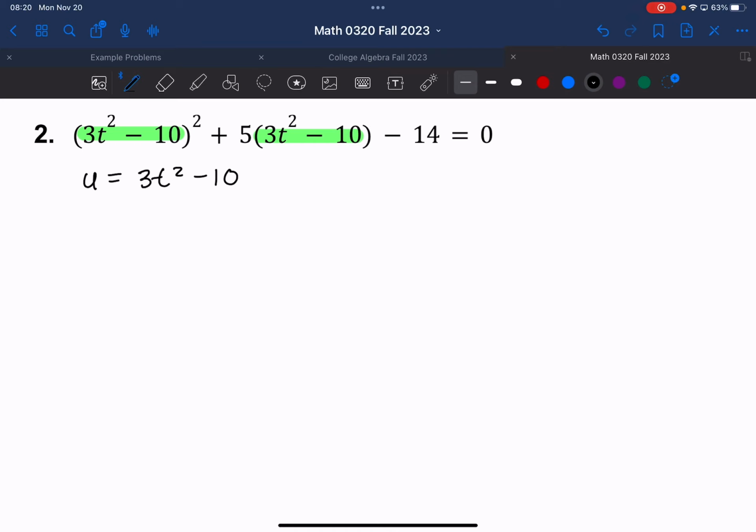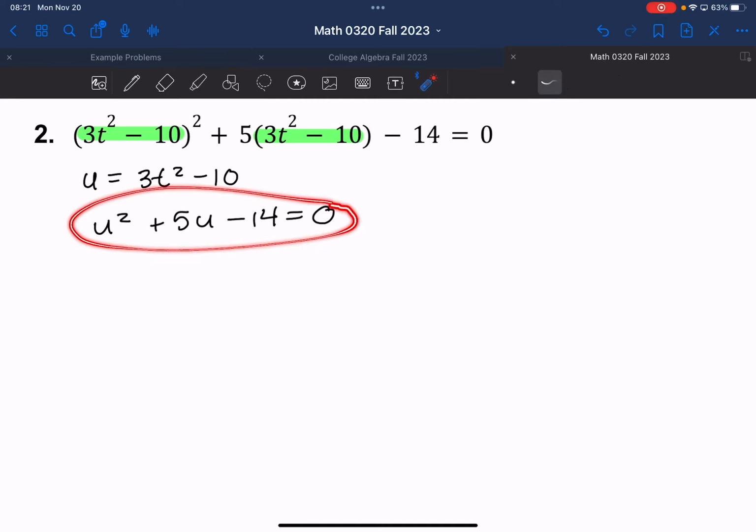So that means everywhere we see 3t squared minus 10, we're going to put a u. So this is u squared plus 5u minus 14 equals 0. The reason we do this is because this part here is a lot easier to factor than the above one.